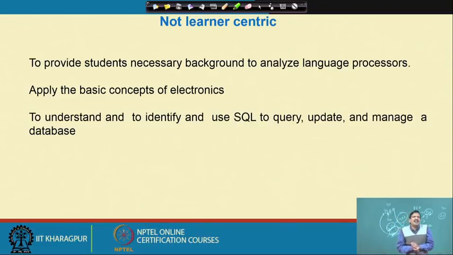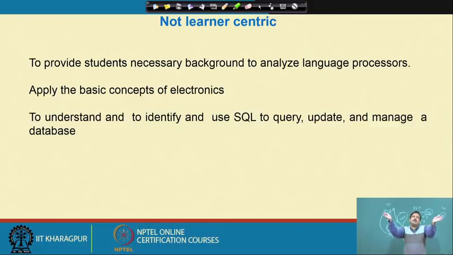"To understand and identify and use SQL." Understand is not measurable. If I say identify and use SQL to query, update and manage a database, what kind of database, what complexity of SQL query, nothing is mentioned.